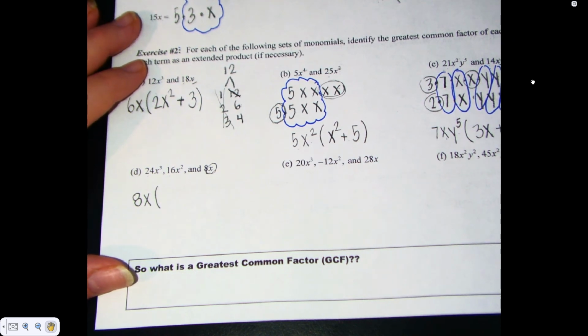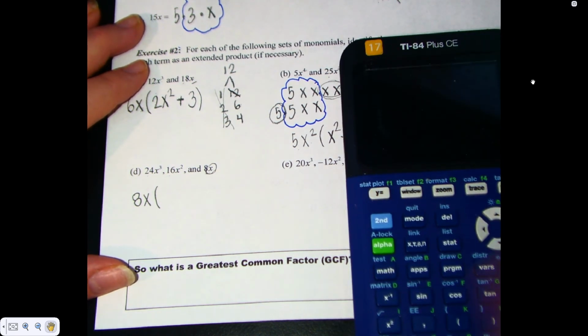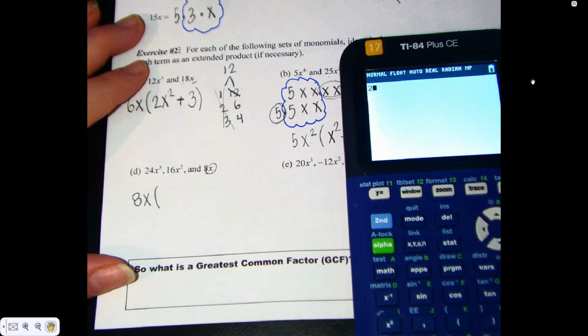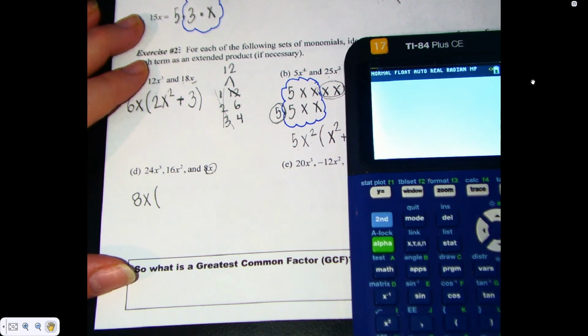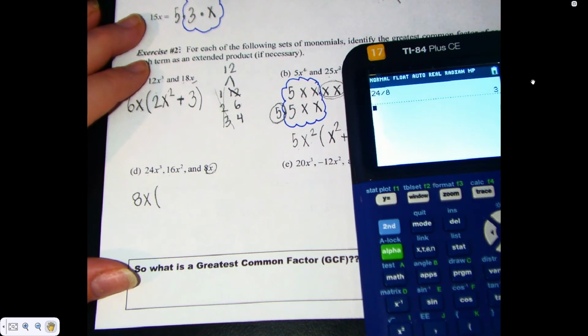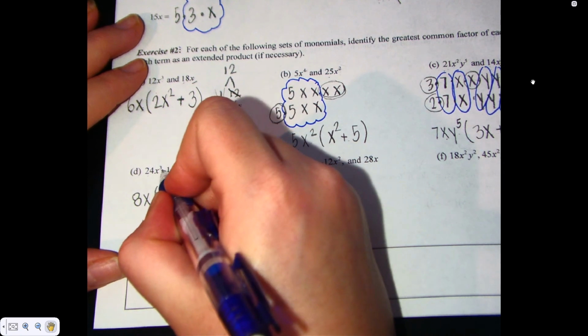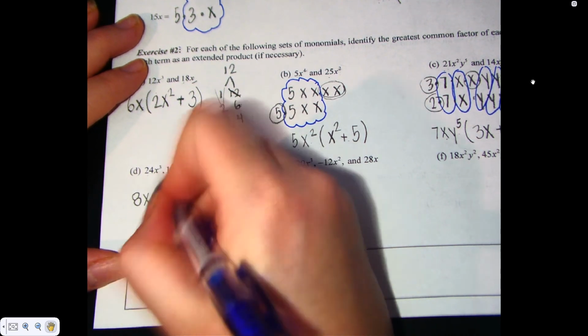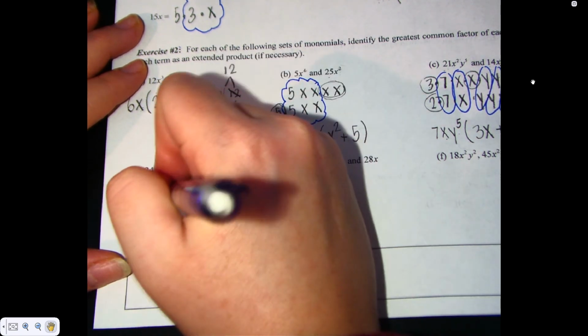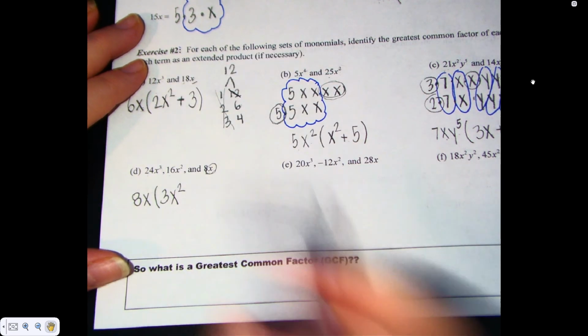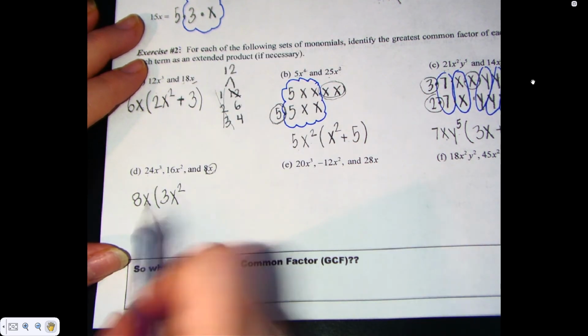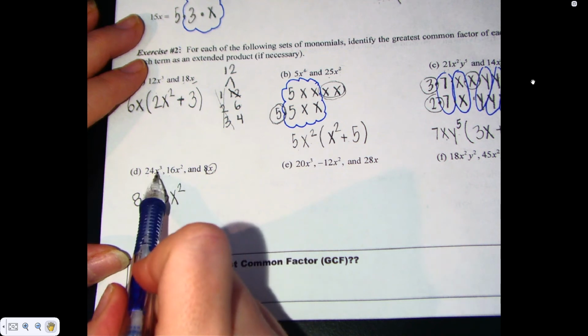Okay, so in my calculator, I'm going to say my class knows how terrible I am with 8's times table, so this is solid. 24 divided by 8 is 3. X cubed divided by x, 3 minus 1 is x squared. Or you can think to yourself, I have one x out here. How many do I need in here to make x cubed?